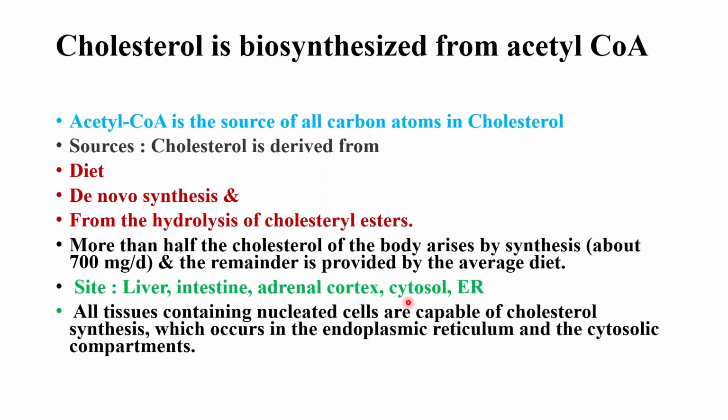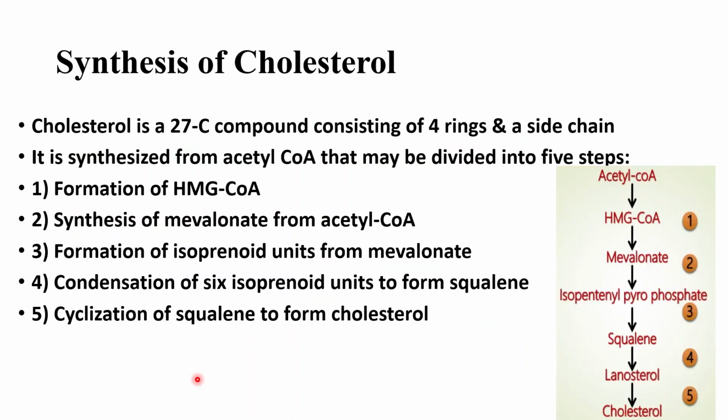All tissues containing nucleated cells are capable of cholesterol synthesis, in the ER and cytoplasmic compartments. Now these are the 5 basic steps for the synthesis of cholesterol. As you know, cholesterol is a 27 carbon compound consisting of 4 rings A, B, C, D and a side hydrocarbon chain.